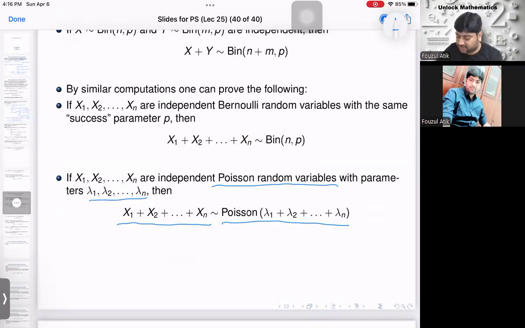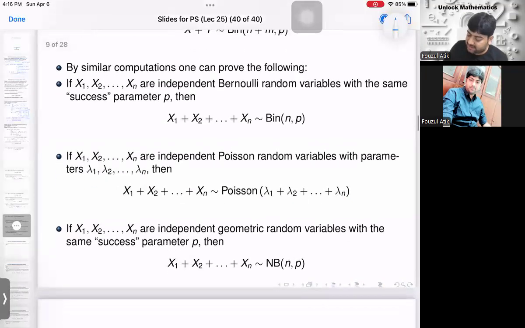And then we know another one also. What is that? If X1, X2, ..., Xn are independent geometric random variables with the same success parameter p, then X1 plus X2 plus ... plus Xn is a negative binomial random variable with parameter n comma p.